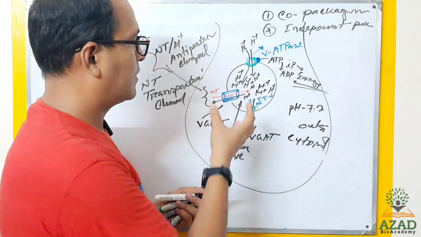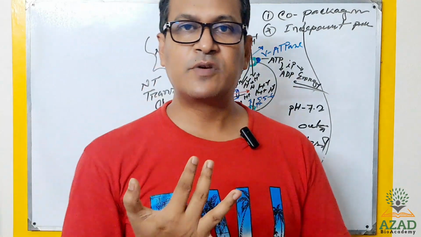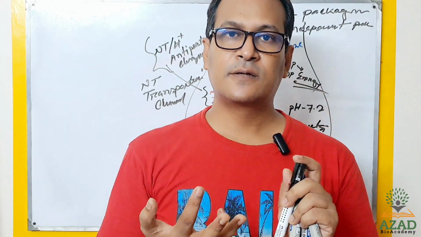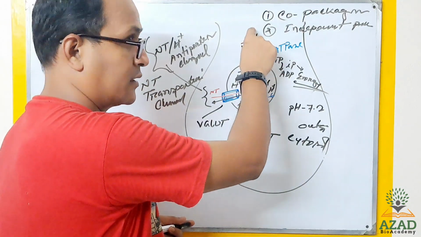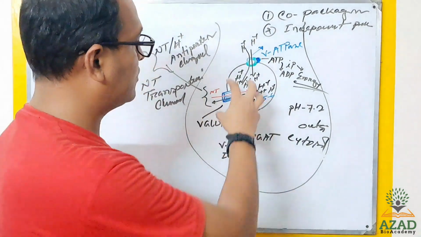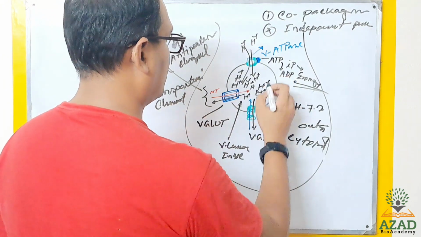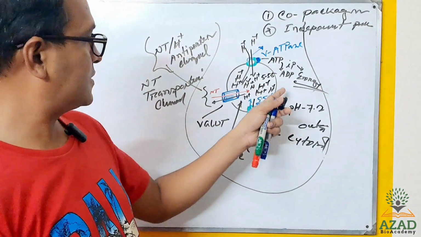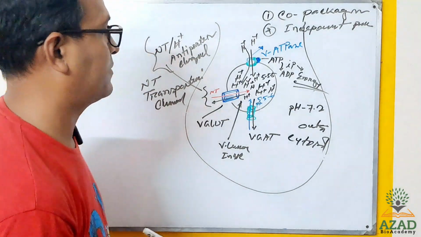How? By the help of V-ATPase. When V-ATPase is activated and the ATPase produces energy from ATP, that energy will open the pump and protons will enter from outside to inside. So inside will have more protons and be more acidic. In that case, the acidic condition will be pH 5 to 5.5. Initially it was 5.5 to 6, and when more protons enter, it will be more acidic. Okay, then what will happen?